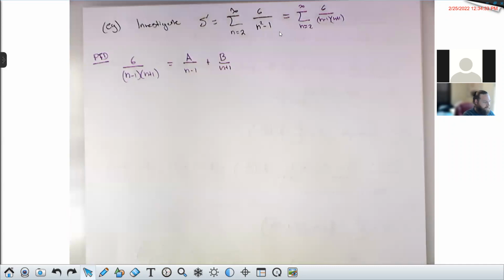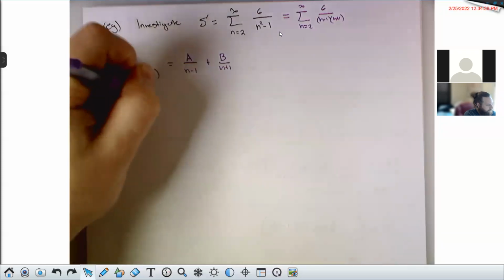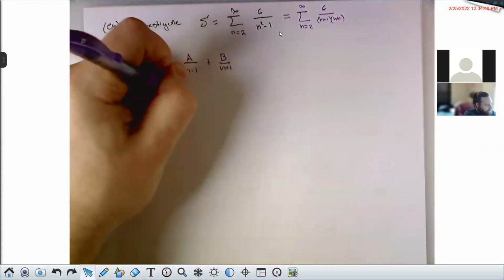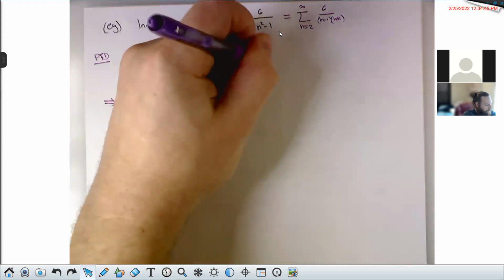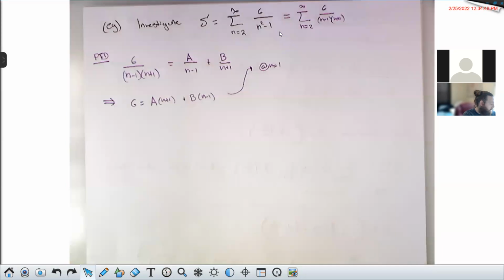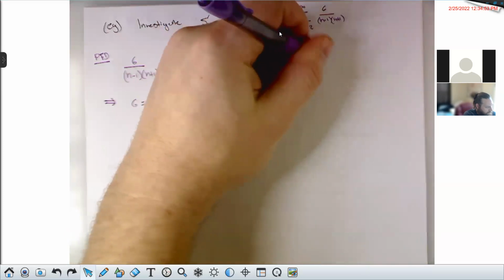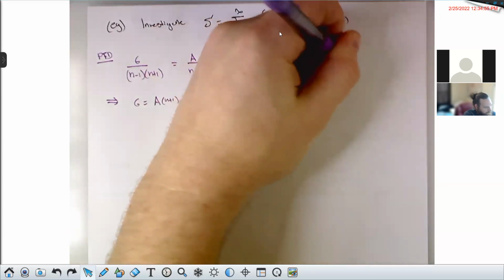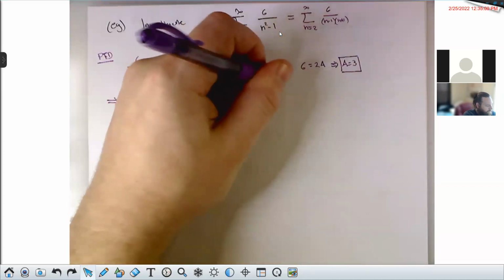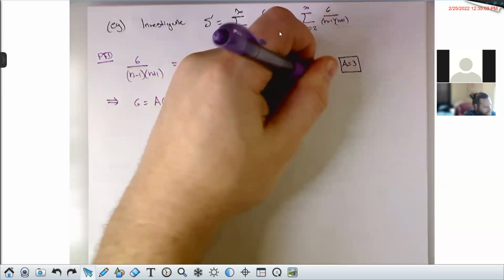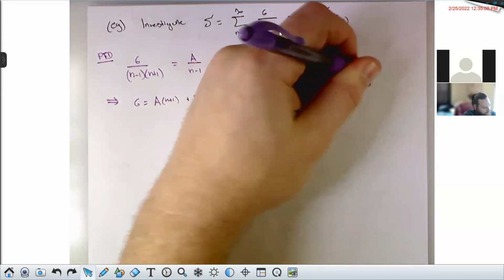Through the normal PFD stuff, 6 equals A times n plus 1 plus B times n minus 1. If you evaluate this at n equals 1, you'll get 6 equals 2A, which means A is 3. And if you evaluate this at n equals negative 1, you get 6 equals negative 2B, which tells you that B is negative 3.